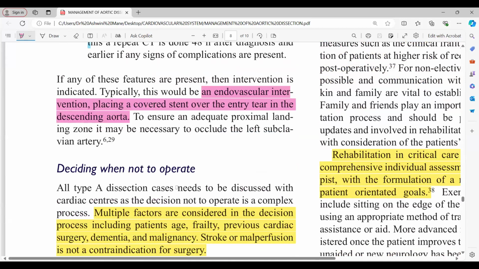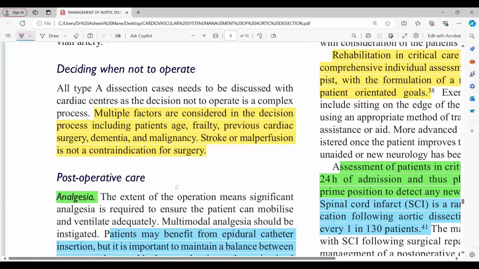The typical intervention would be endovascular intervention, placing a covered stent over the entry tear in the descending aorta. To ensure an adequate proximal landing zone, it may be necessary to occlude the left subclavian artery.